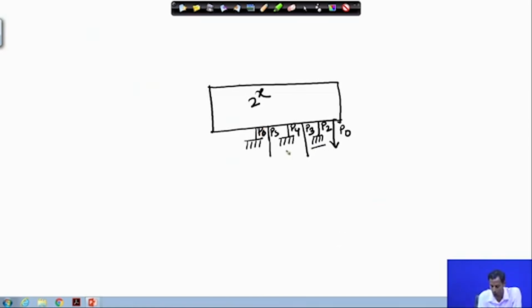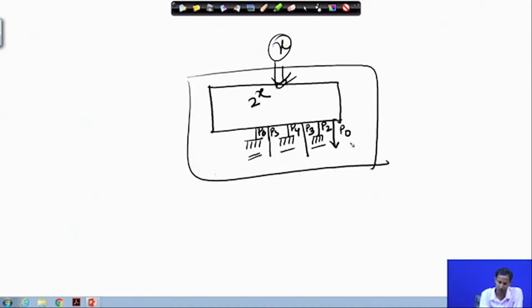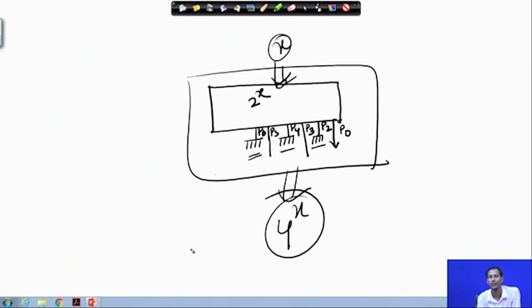That means all the even positions are filled with zeros of the 2 to the power x function. Okay. And the whole of this circuit will give me the 4 to the power x. Okay. So, using 2 to the power x, I can implement 4 to the power x too.